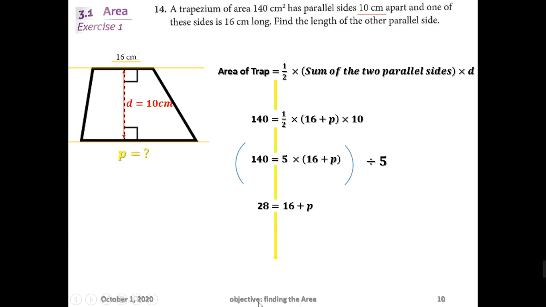And then you're going to subtract 16 from each side of the equation because we're solving for P, we're making P the subject. And accordingly, we're going to end up with the exact same answer as when we use the previous method that I mentioned. So P will come down to 12 centimeter.